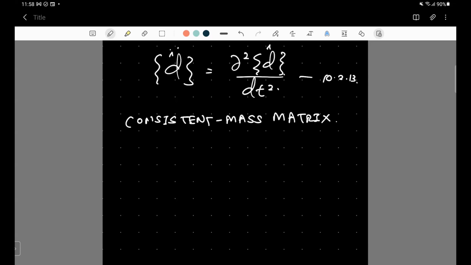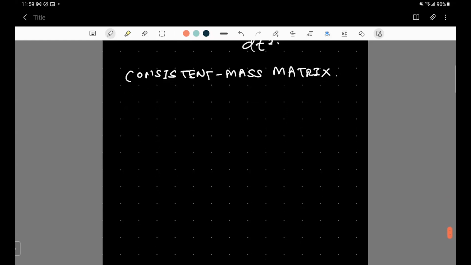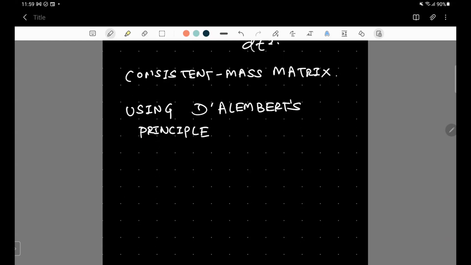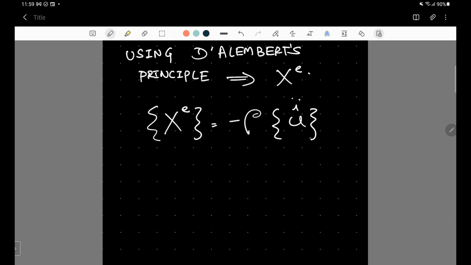So here what we do is, in D'Alembert's principle, we introduce an effective body force known as Xe, called capital Xe, such that Xe is equal to minus rho times u hat double dot.